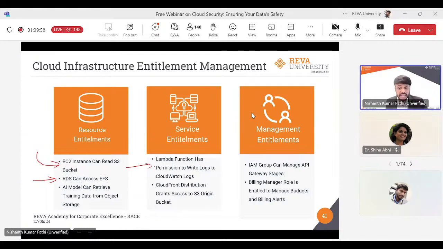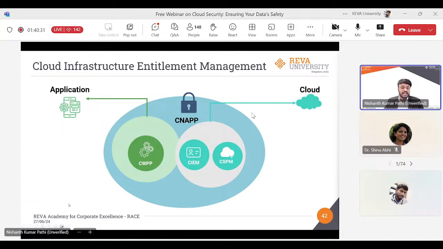Does a Lambda function have the right permissions to write logs into CloudWatch? Can I use S3 to distribute data objects using CloudFront? Can my identity and access management manage my API gateway, or does my billing management role have an entitlement to set billing alerts? This kind of access management is handled by cloud infrastructure entitlement management. So there are different sets of tools which are handling different parts.